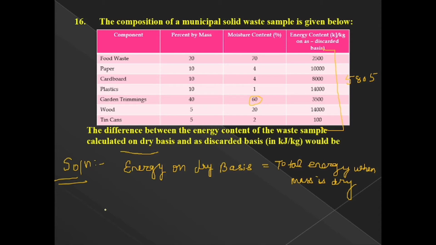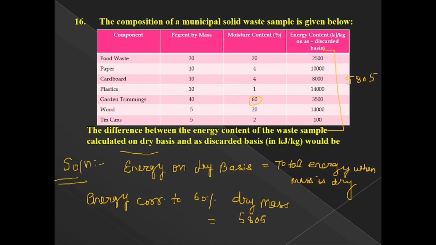So here energy corresponding to 60% dry mass is equal to 5805. Because initially we have to calculate the total dry mass.